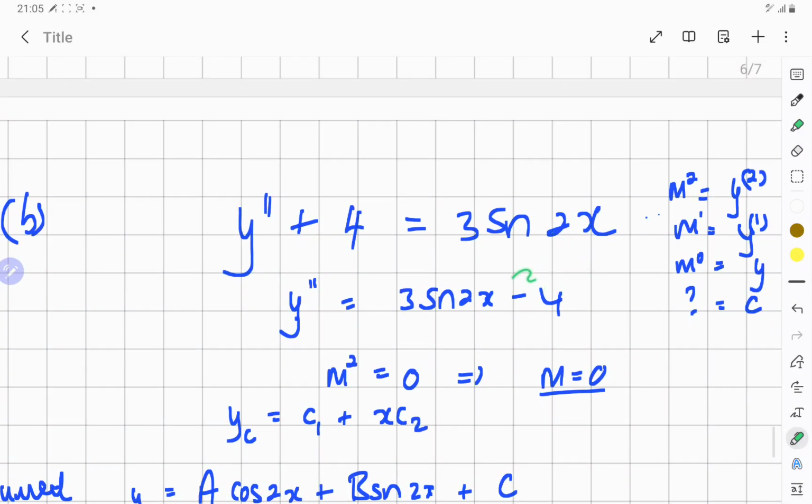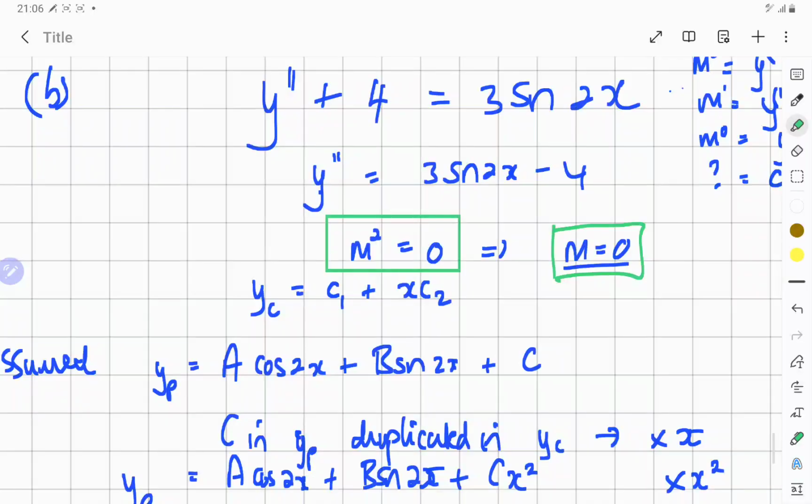So what do we have here now? Our auxiliary or characteristic equation is only m squared is 0. That means that m is 0, but please don't forget it is a repeated root because of the square. So your complementary will be c1 plus x c2.